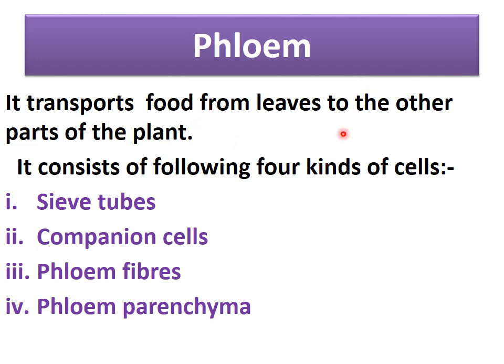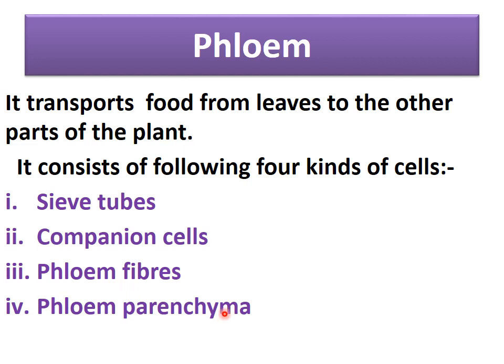Now as xylem consists of four kinds of cells, similarly phloem also consists of four kinds of cells. Now what are those four kinds? Sieve tubes, companion cells, phloem fibers, and phloem parenchyma.